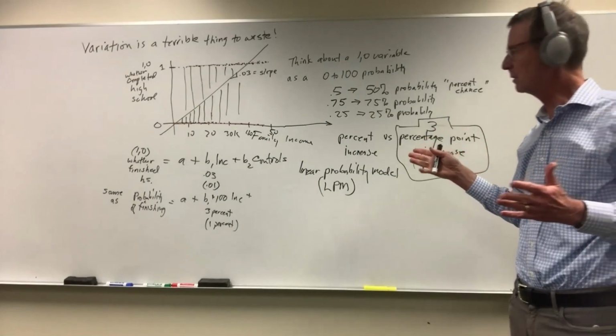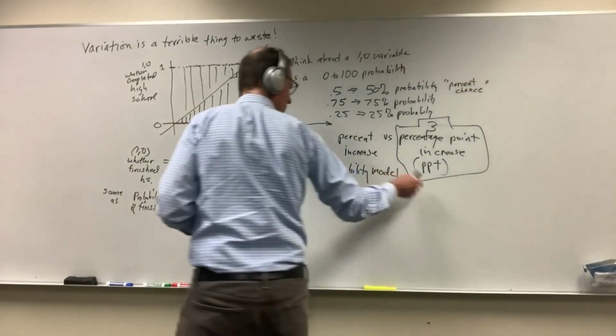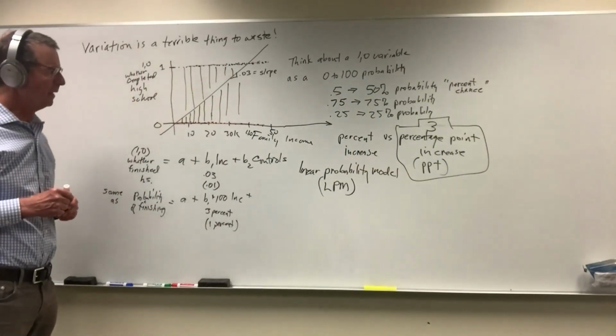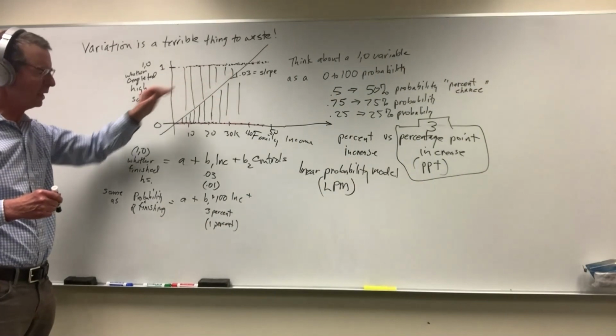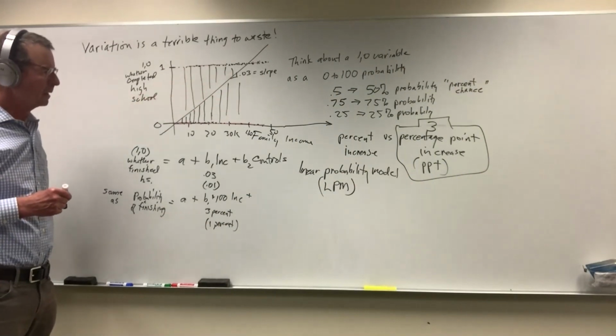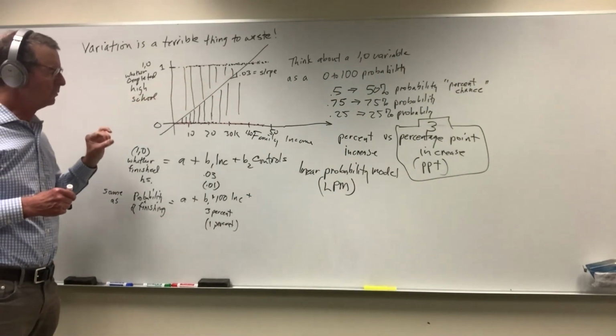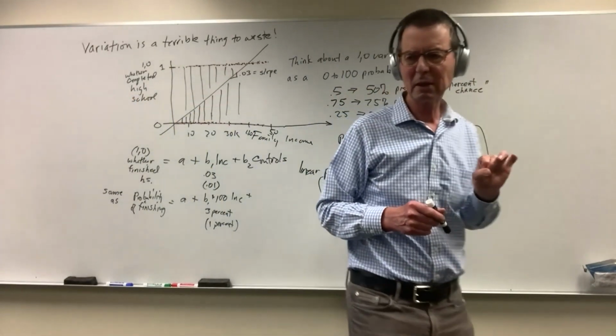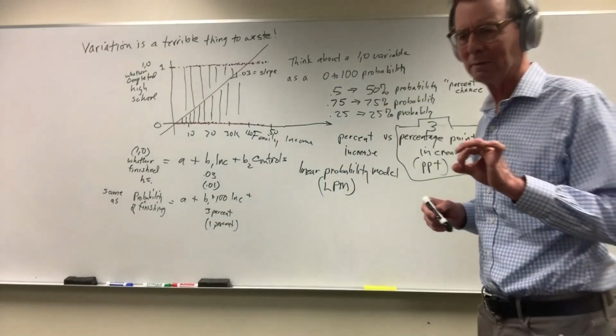You see a coefficient, and it tells you the percentage point increase when you multiply it by 100. And that percentage point increase is assumed to be constant.